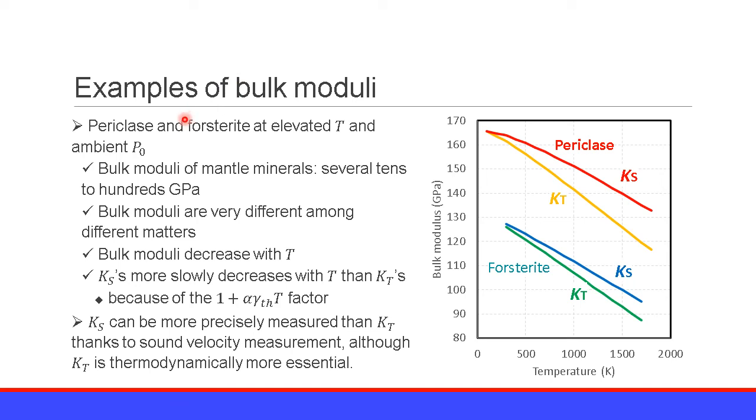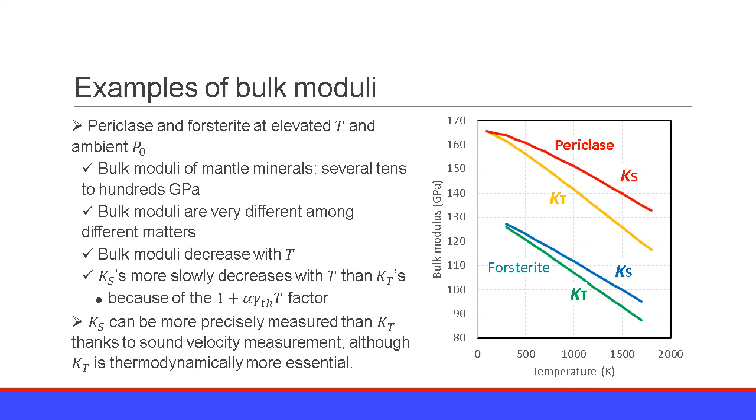Finally, let us see some examples of bulk moduli. This diagram shows the adiabatic and isothermal bulk moduli of periclase and forsterite at elevated temperature and ambient pressure P0. The red curve is the adiabatic bulk modulus of periclase, and the orange curve is the isothermal bulk modulus of periclase.